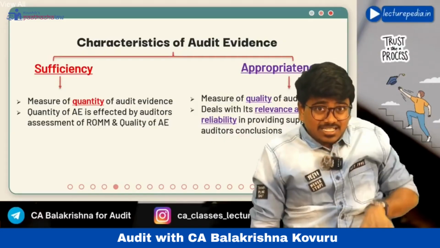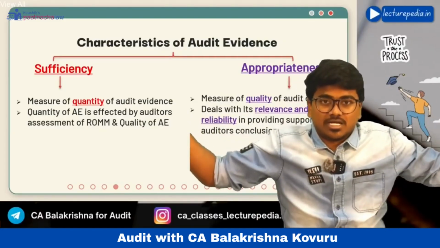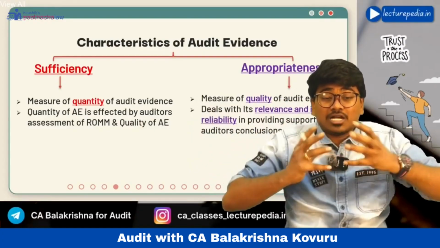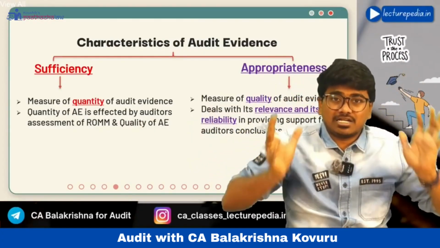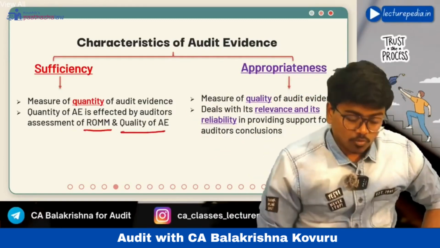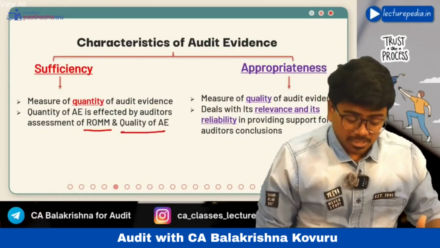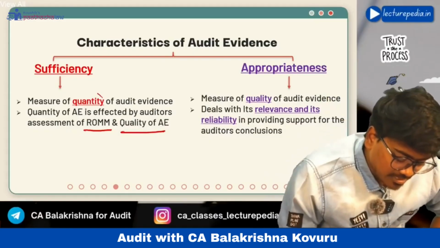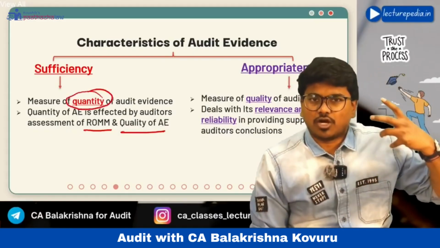If quality is low, high quantity is required. So the sufficiency of audit evidence depends on the risk of material misstatement and the quality of audit evidence. Sufficiency is a measure of the quantity of audit evidence.